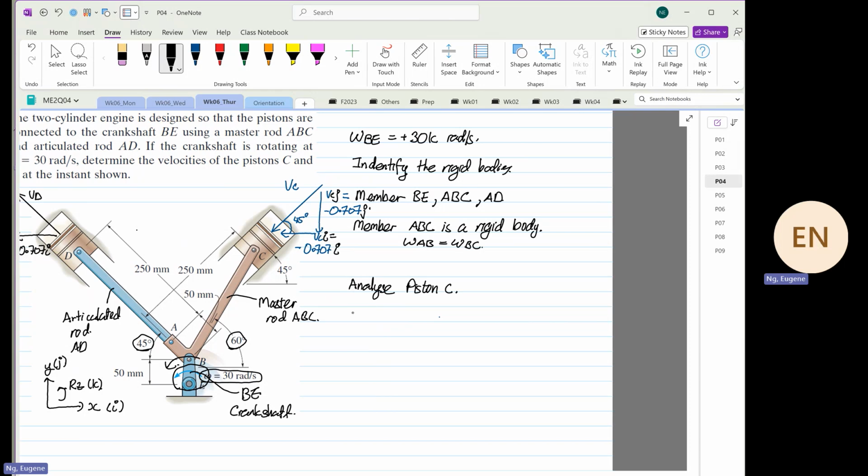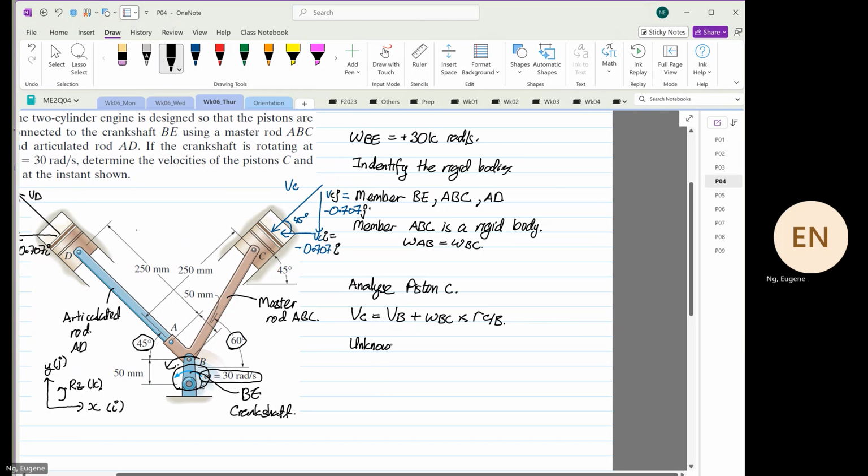So we can write that VC is equal to VB plus omega BC cross R C from point B. So there are a few things that we don't know. So with this, the unknowns are VB and omega BC.